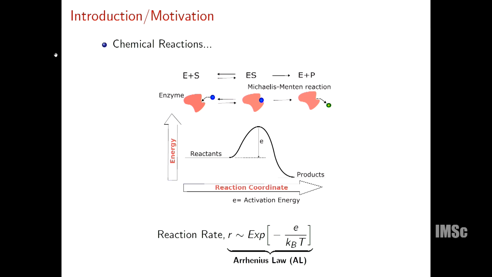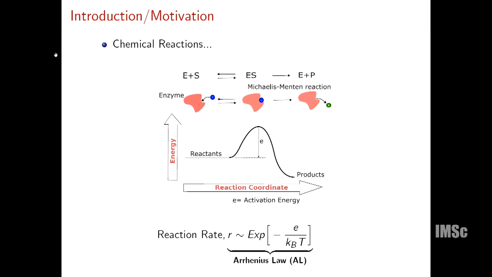So the whole system is kept in a medium at temperature T. So one nice example of a chemical reaction can be Michaelis-Menten reaction, where enzyme and substrate react to form some unstable product, and then finally a stable product, and the original enzyme is back in its form.